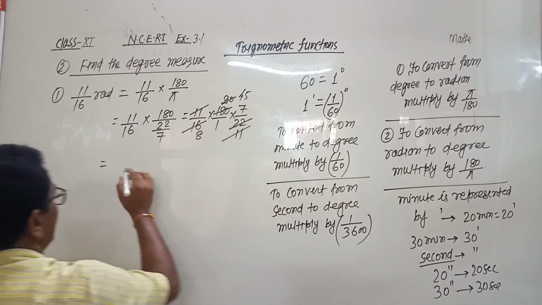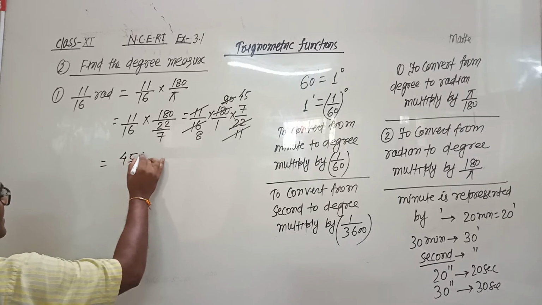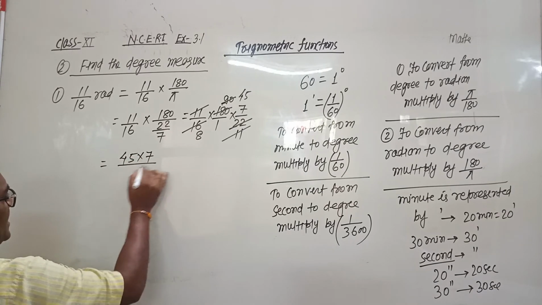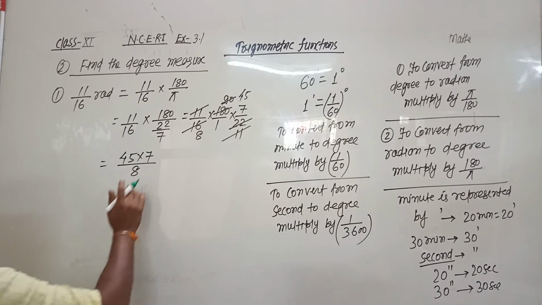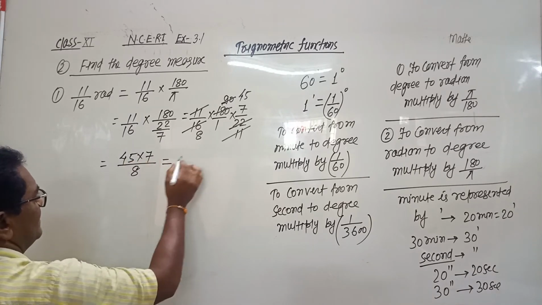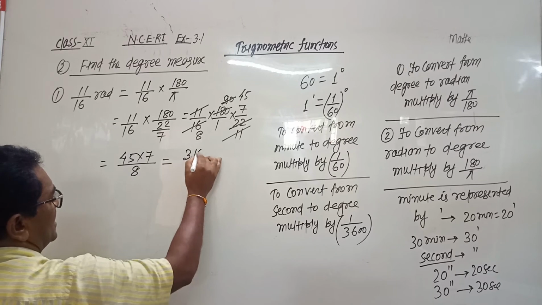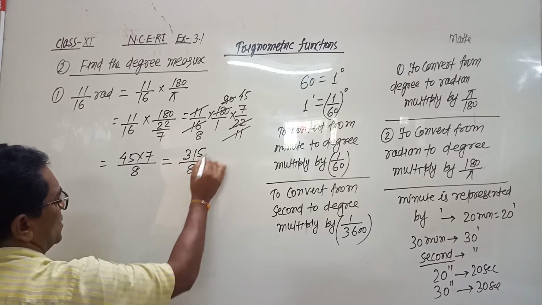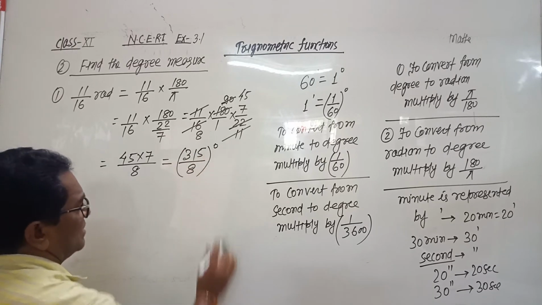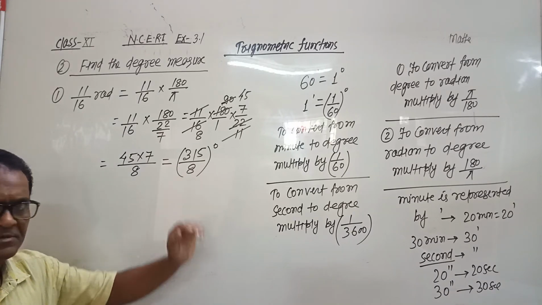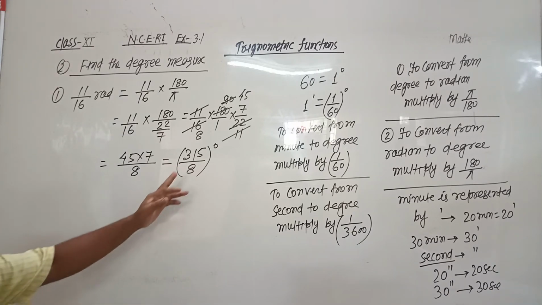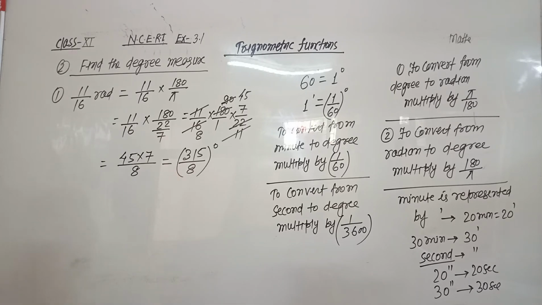So 45 into 7 upon 8, which is 315 upon 8 degree. But we can't write the degree in terms of fraction. We will have to write this in terms of degree, minute and second.